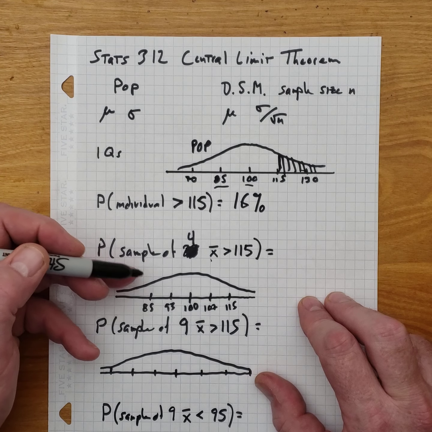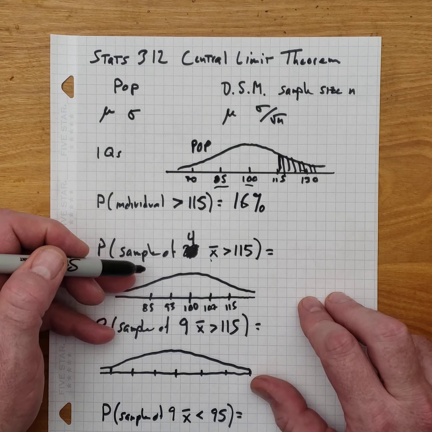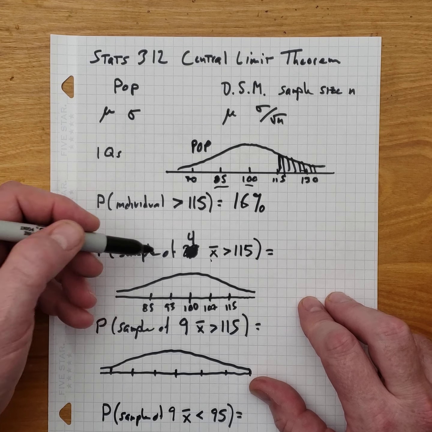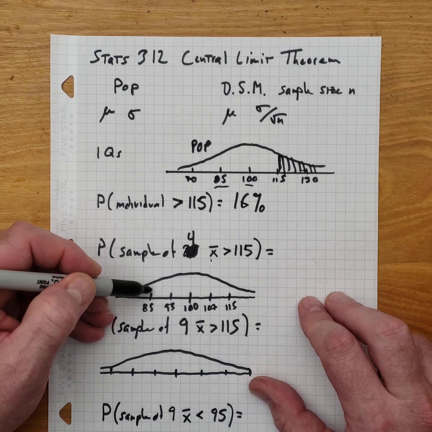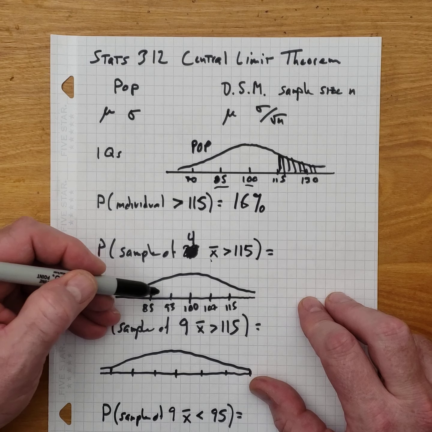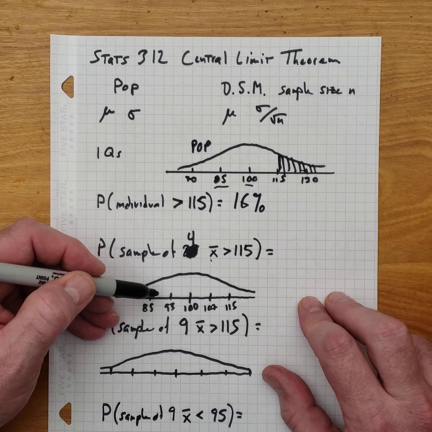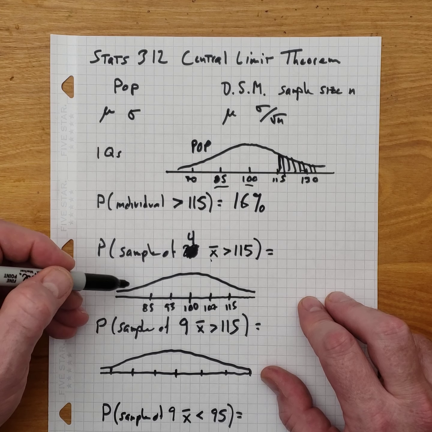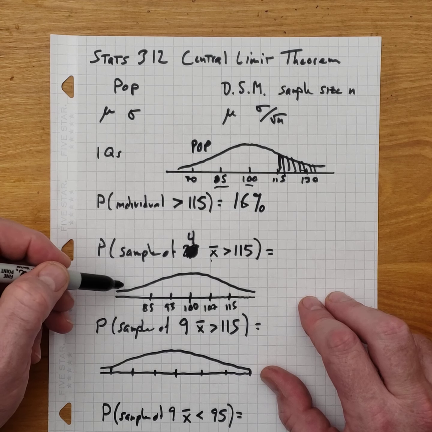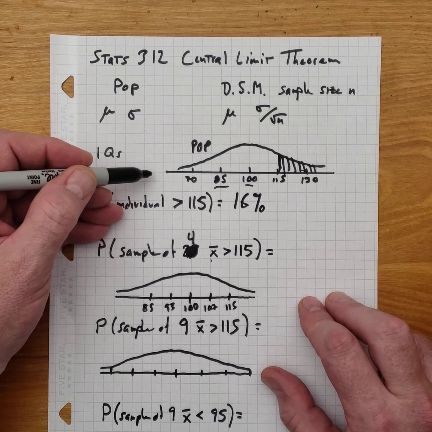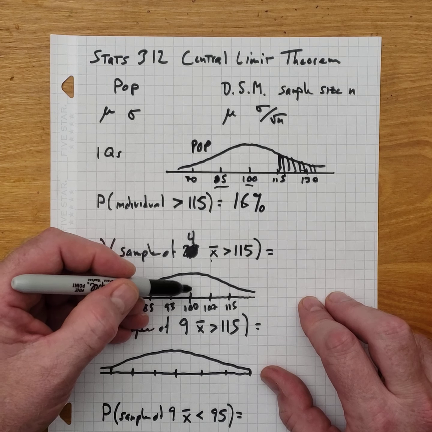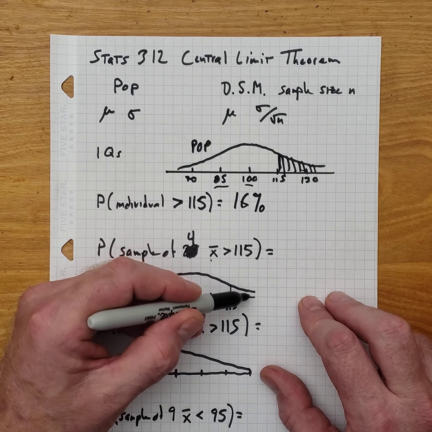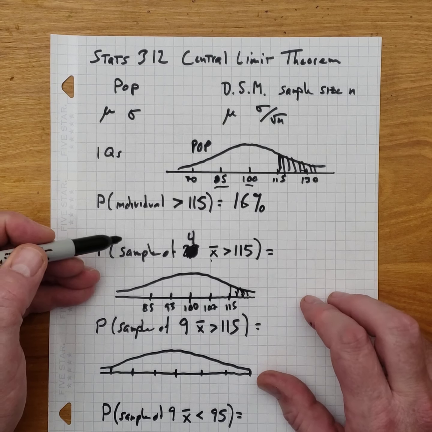But for a sample of 4 to have an average above 115, because the standard deviation of the distribution of the sample means is smaller, there's a lot of words in there. You may want to rewind that and listen a few times. Because the standard deviation of the distribution of sample means is smaller than that of the population, we're actually talking about 115 being 2 standard deviations above the mean.